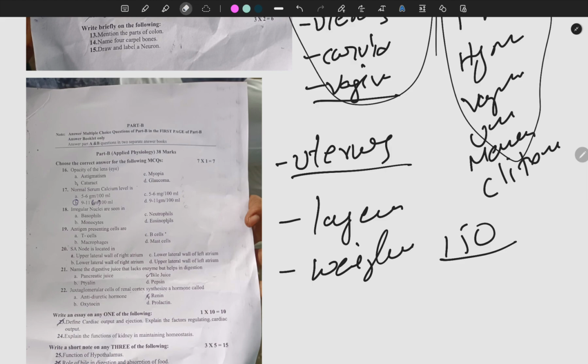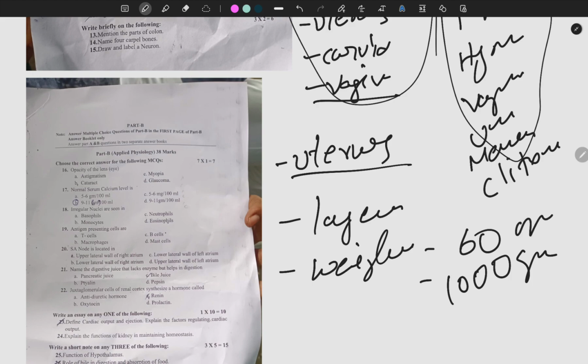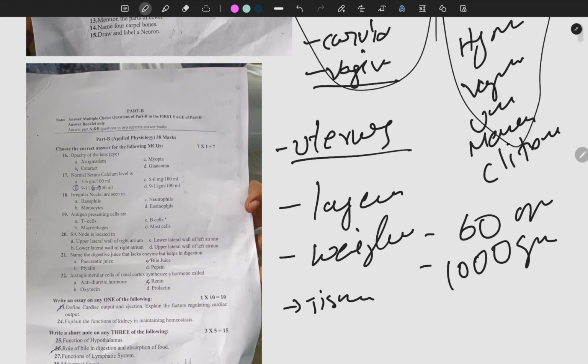Sorry, it is 60 grams. In a non-pregnant woman the weight of the uterus is 60 grams, and in a pregnant woman it is about 1000 grams. And the next one is the types of tissue, which tissue is present.